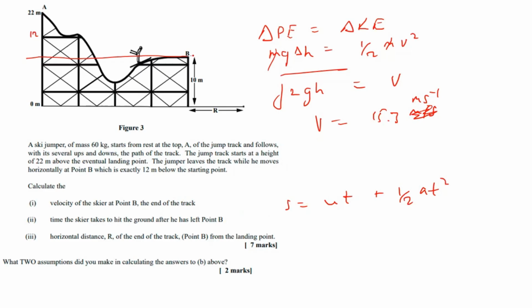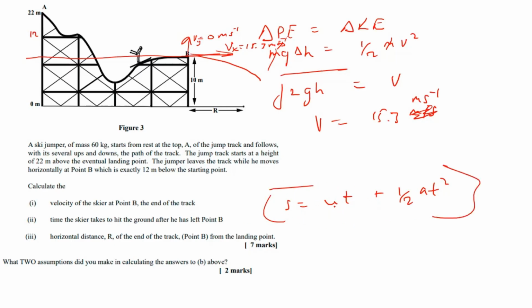The skater is launching horizontally, so the vertical velocity component is equal to 0 meters per second, while the horizontal component is 15.3 meters per second. This equation can only apply to vertical motion.